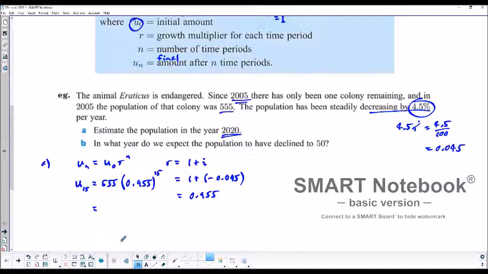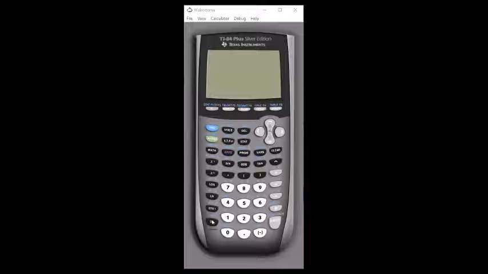I'm going to show you the calculator. Wabbit Emu is what I use, and I'm going to have to stop sharing this so that I can share the calculator. There we go. We turn this on. Is it on yet? There it is. Okay.